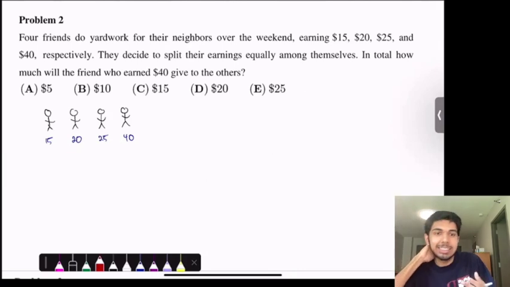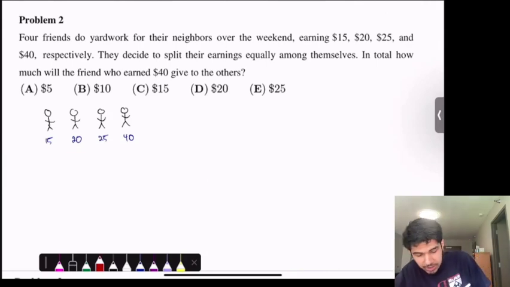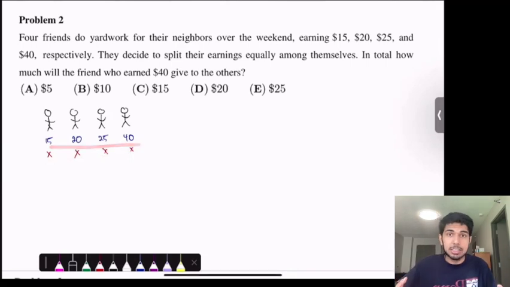So we'll just say, since it's an unknown quantity at the moment, we'll give it a variable. Let's just say each of them earns X dollars. So that means the sum of these 4 X's should equal the sum of their earnings, because none of the money is going to waste.